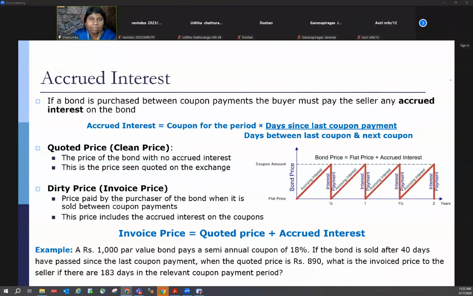Because in all the examples we have done so far, the last 8 or so, everything assumes that we trade on an interest payment date. Whether it is 6 years later, 8 years later, or 3 years later, all those calculations assume the trade is happening on an interest payment date.